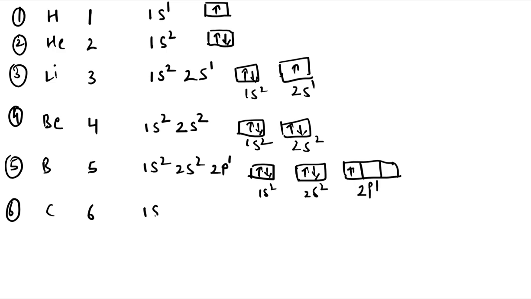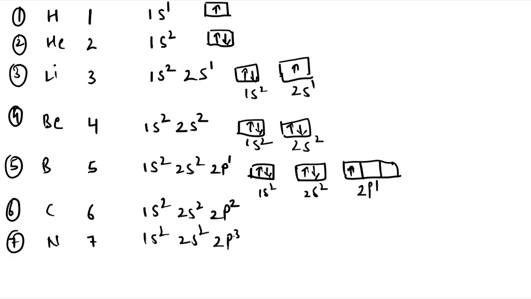Then of course the next one is carbon with 6 electrons. So we are going to represent it as 1s2, 2s2. We are still left with the degenerate orbitals in the 2p subshell, so the next electron is going to occupy the 2p orbital. Similarly, next is nitrogen. It will be 1s2, 2s2, 2p3. We can also show the representation like this.